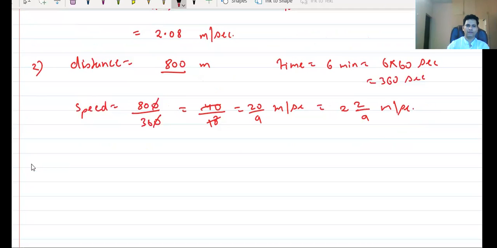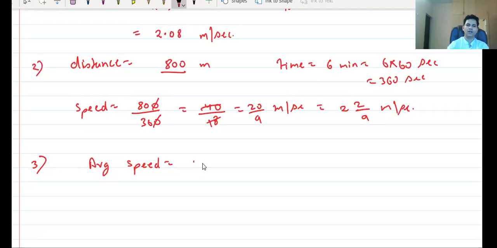The third one is the speed throughout the journey. When you talk about that, it is called average speed. So what is the formula for the total journey?